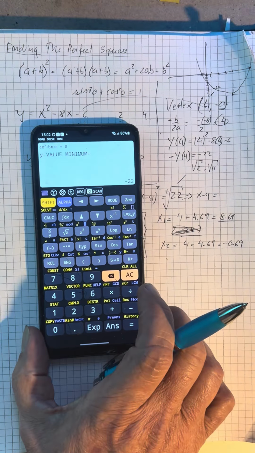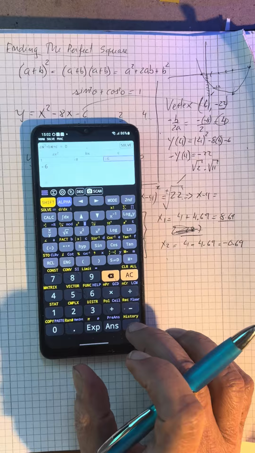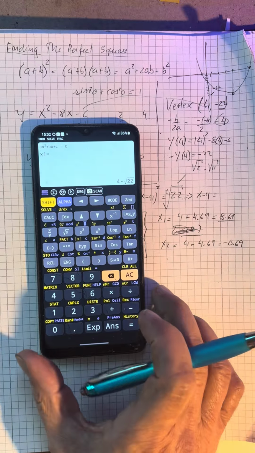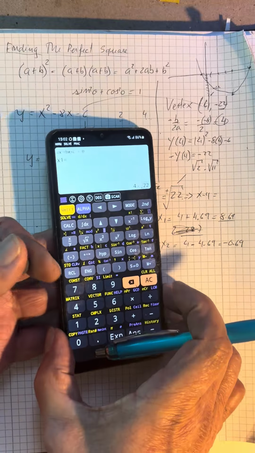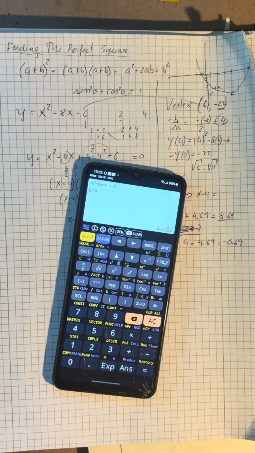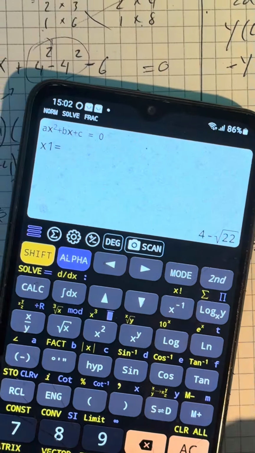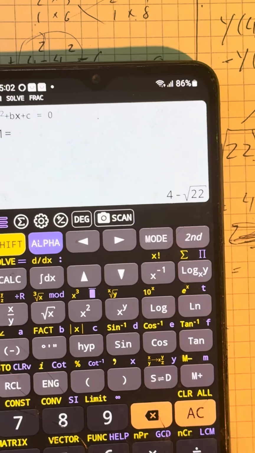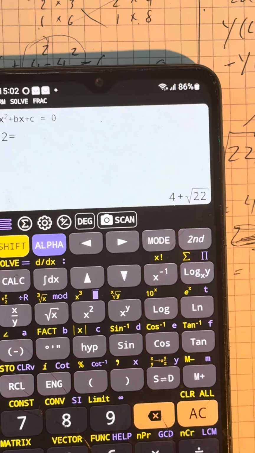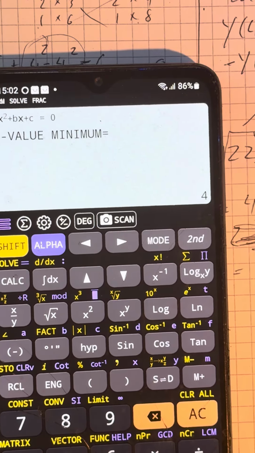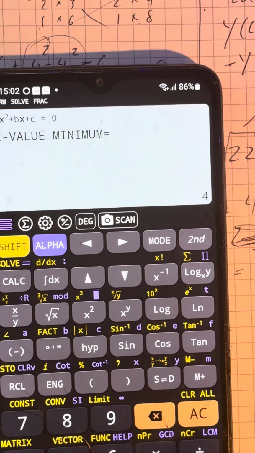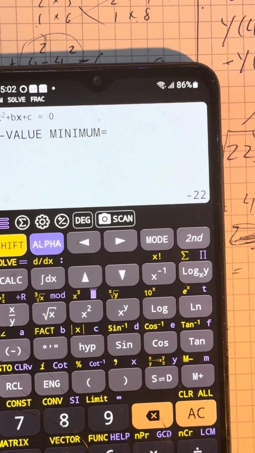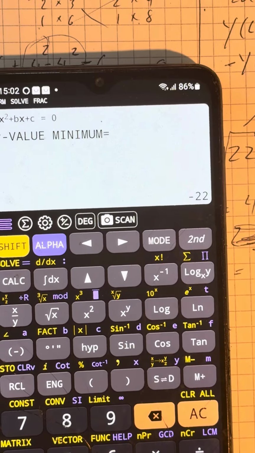I don't know if you can see it. Let me go through that again. You can see the calculator is showing the roots, the other root, the x value of the vertex, and the y value of the vertex.